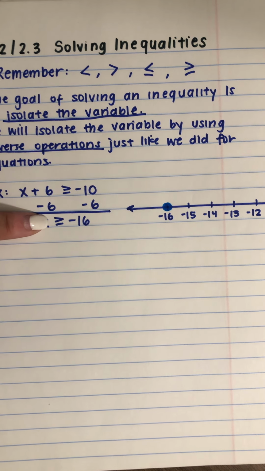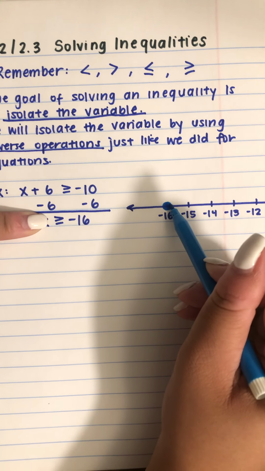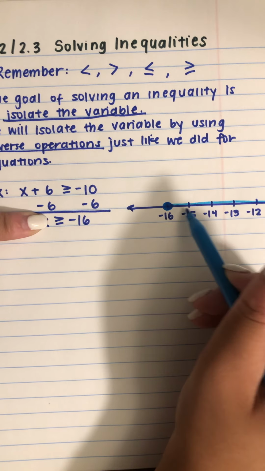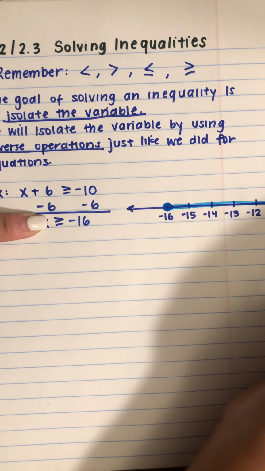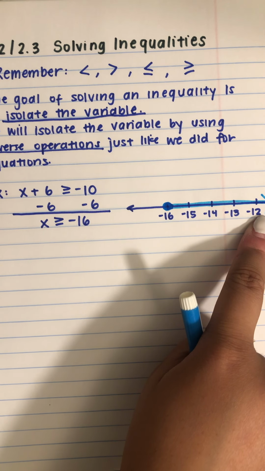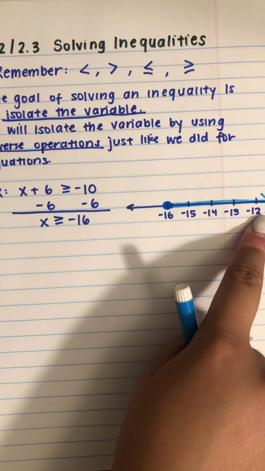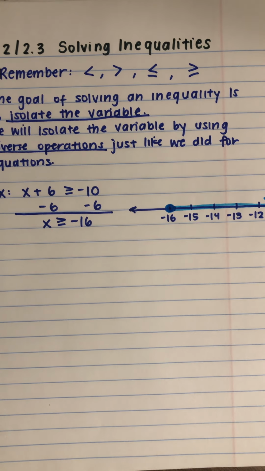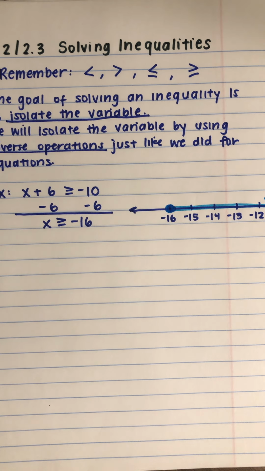And we want all the numbers greater than or equal to negative 16. So I'm going to shade to the right because that's where all the numbers that are greater are. Again, let's not forget our arrow at the end of our graph to signify that we are shading every single number forever and ever that is greater than negative 16.